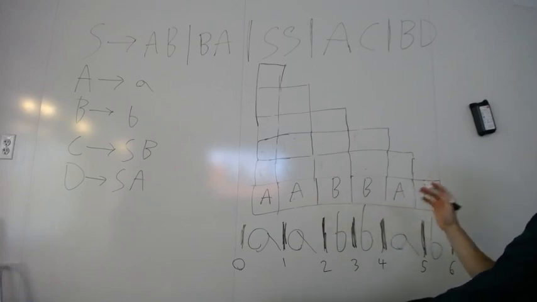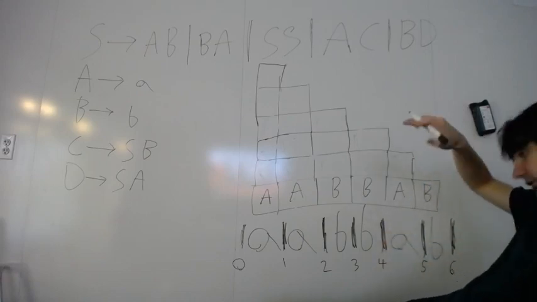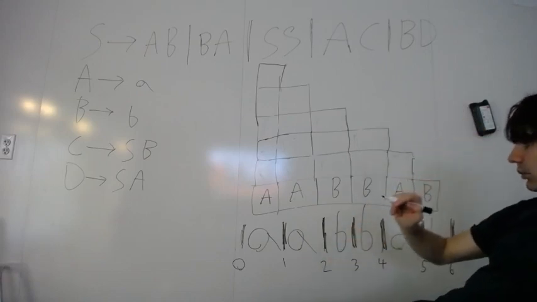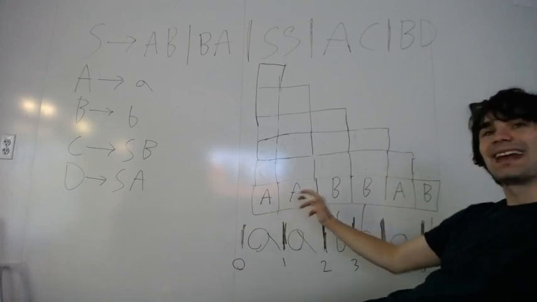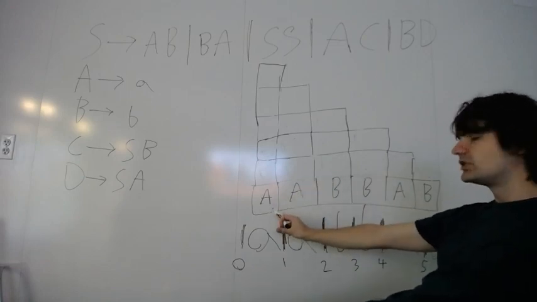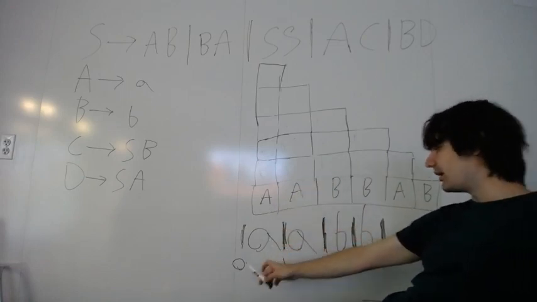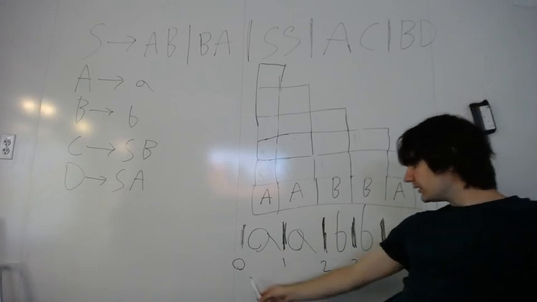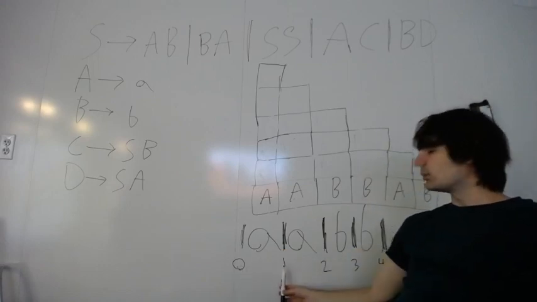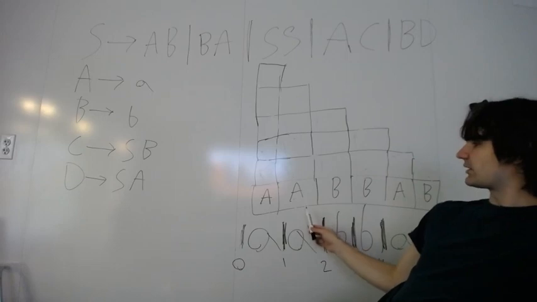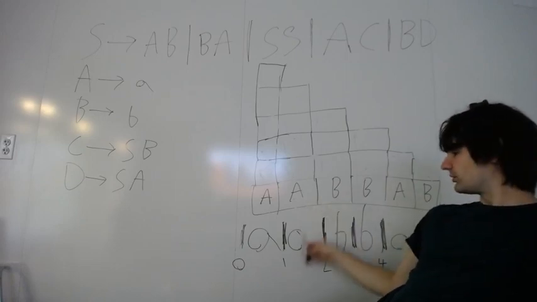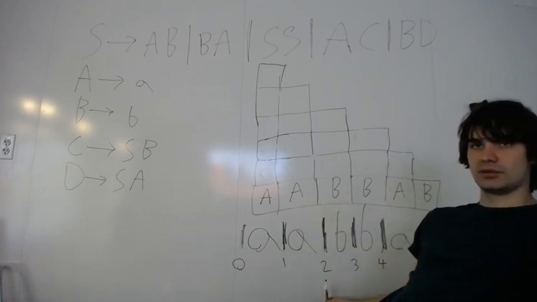But what the first layer is really asking is a question that's going to change as we go up in the layers. It's saying, what set of variables can I use to generate the substring between the bars 0 and 1? And this one is asking, what can I do to generate the substring between the bars 1 and 2?